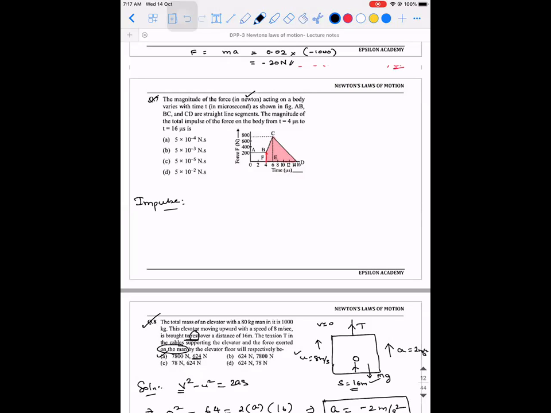Okay. So how much is that? So area of trapezium is half into base, base is 2, into the sum of the parallel sides, that is 200 plus 800, plus the area of the triangle, half into base, that is 10, into height. What is height? 800.